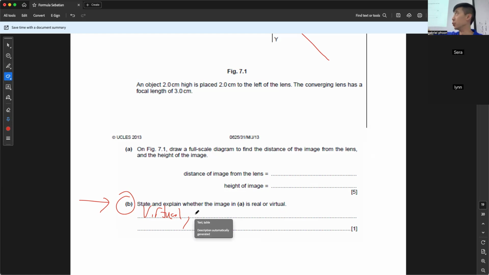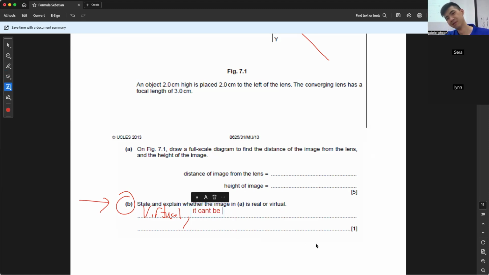Everything that is considered to be real, look here, like this image produced by the projector is real because it can be projected onto a screen. Inversely, it's true as well, right? If today I say that the image is virtual, it means it can't be projected onto a screen. That is a standard answer in your IGCSEs, which you need to know.